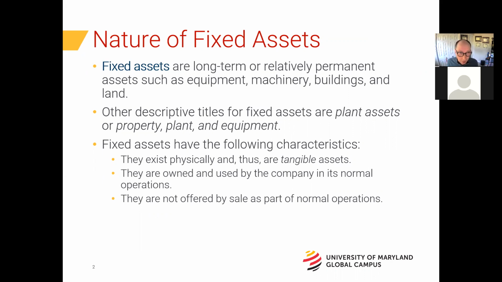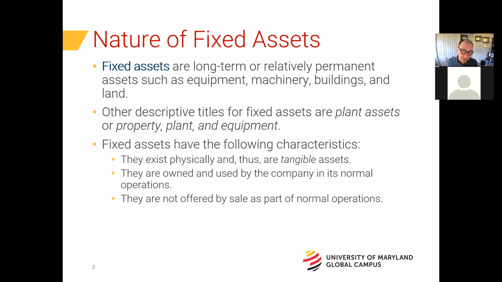So in other words, the business is not in business to be selling buildings, equipment, or machinery. That is not a normal part of operations. If that is the case, it would not be classified as fixed assets.